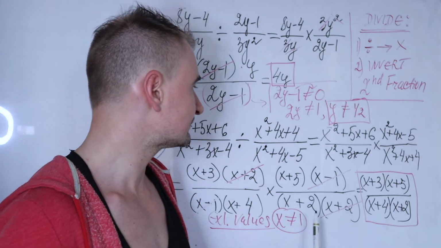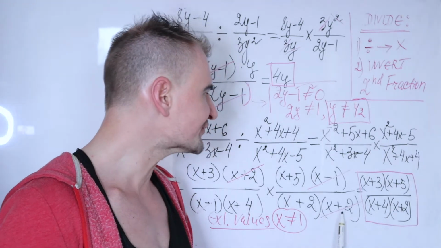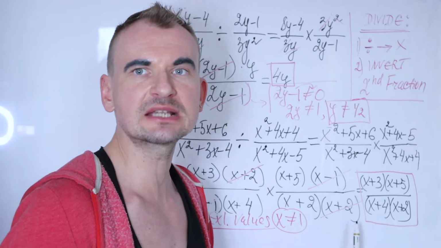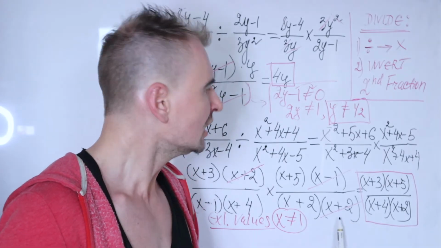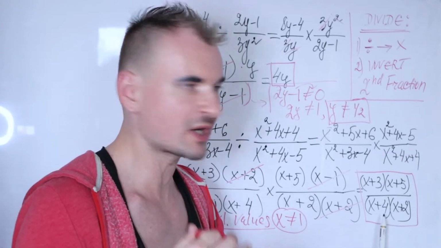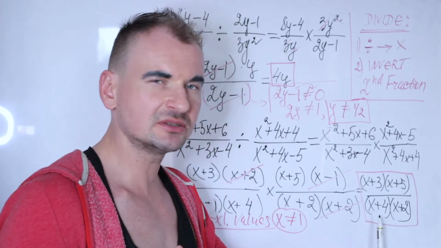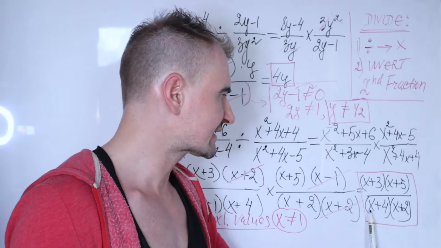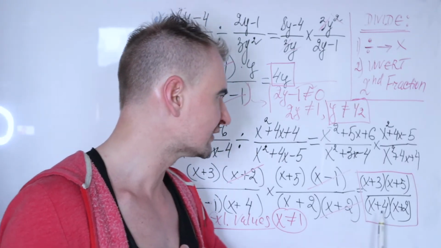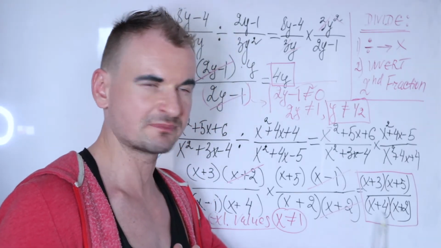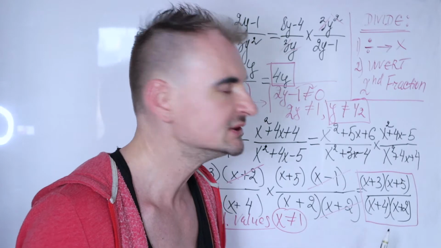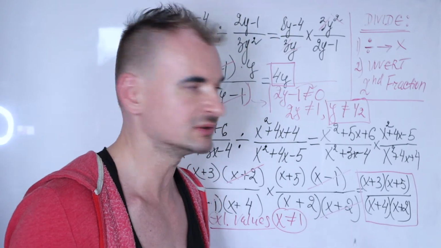About x plus 2, when we cancel by x plus 2, x cannot be equal to negative 2. So basically it comes from there, and it's obvious when you look at your expression. You don't need to write x is not equal to negative 4 and x is not equal to negative 2, because this expression implies that. So it would be kind of overkill.